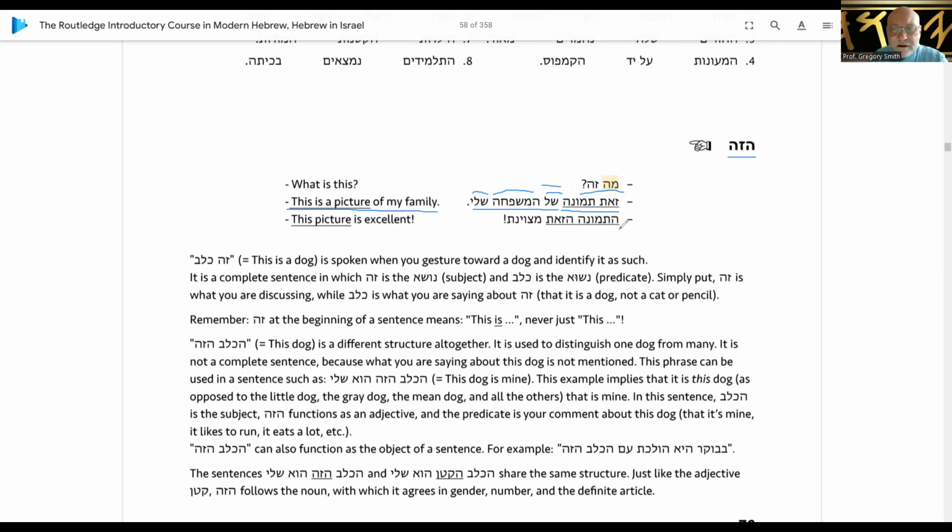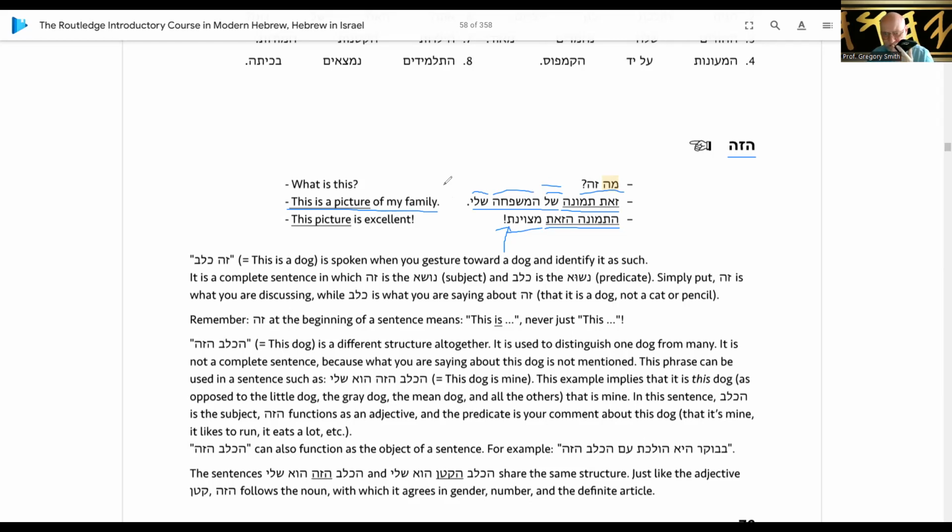Okay, how about hatamuna hazot? It's like this picture, simply saying the picture, the this. So it's like this picture. Mitsuyanet. Notice it doesn't use mitsuyan, it uses mitsuyanet, the feminine singular form of excellent.